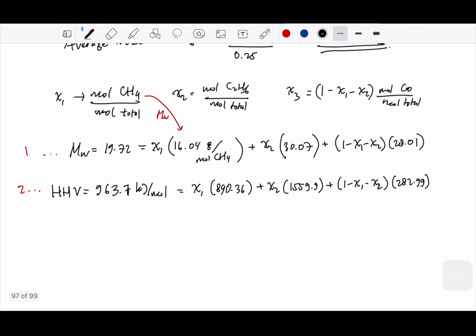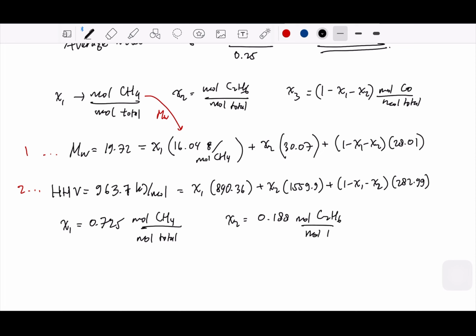And then you will get fraction 1 is 0.725 mole CH4 per mole total, and x2 is 0.188 mole C2H6 ethane per mole total, and x3, 1 minus x1 minus x2, is 0.087 mole carbon monoxide per mole total, and that's it. This is the one that we are looking for.